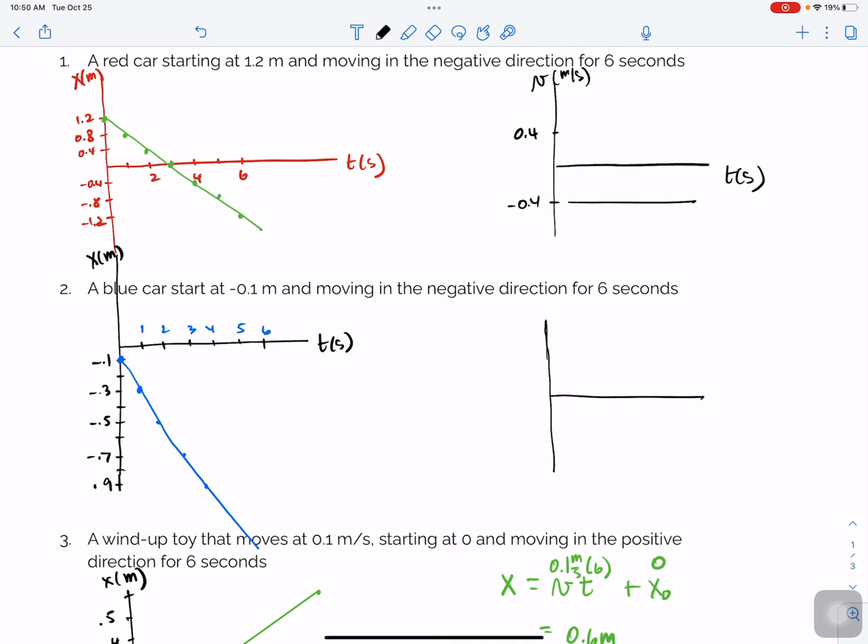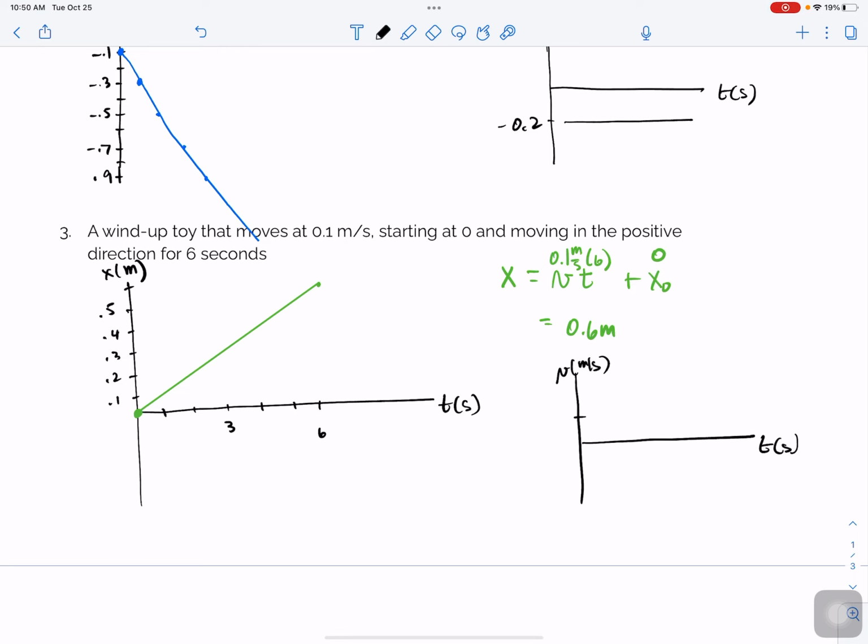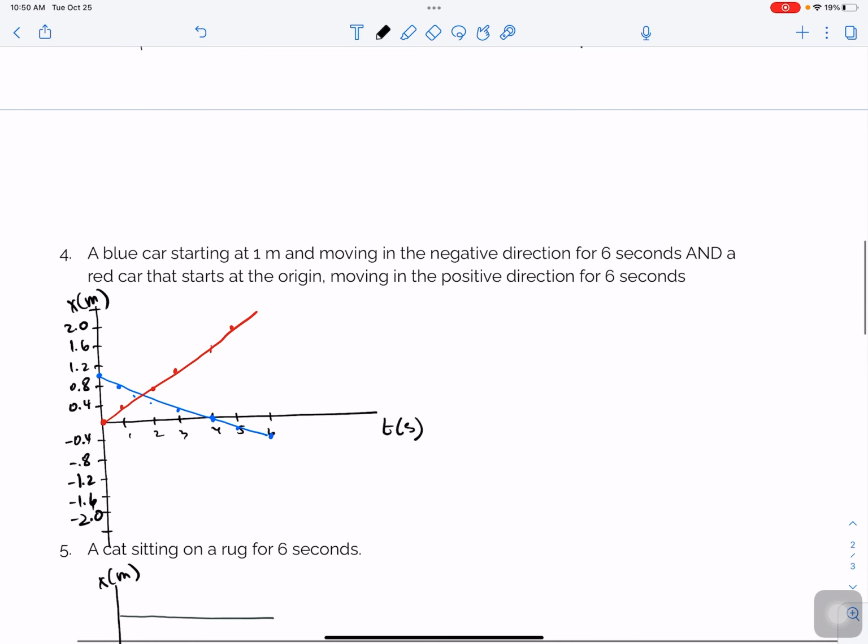Blue car, moving in the negative direction. Still have to label. Negative 0.2. Okay, wind-up toy, 0.1, positive direction.